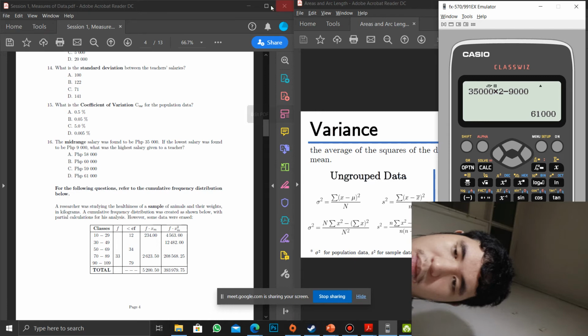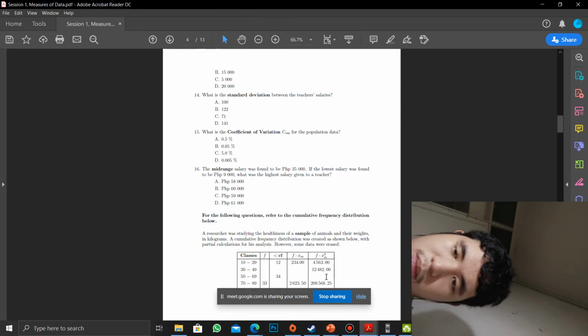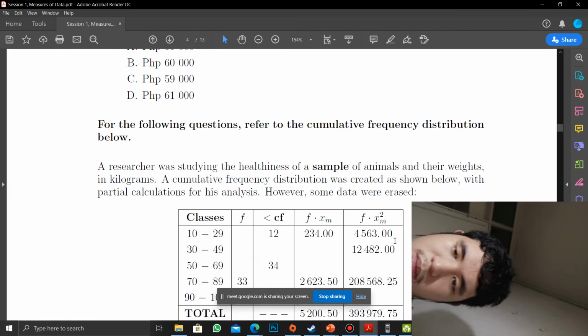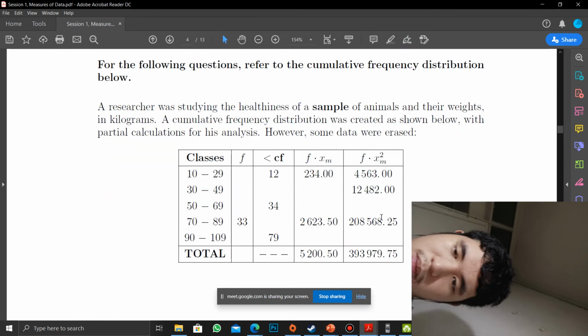Pero binigay ko na yung questionnaire sa inyo, ha? Nasa group chat din to, no? So, if mahirapan kayong basahin, ito siya. Okay? Once you're done, send the table to me before we continue our discussion.